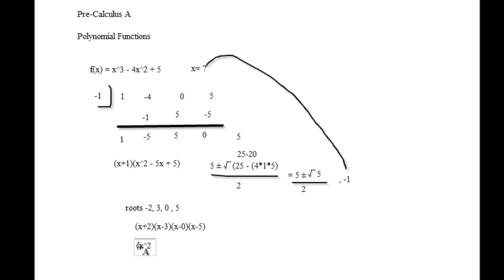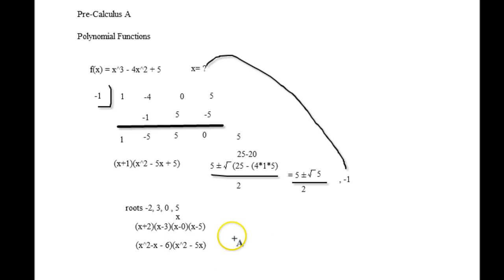Okay, and then you just multiply out, and so this first one you should get x squared minus x minus 6, and this other one you should get x squared minus 5x. Okay, and if you guys remember, x minus 0 is just x, so this just turns into x. So that's just a simple distribution part.